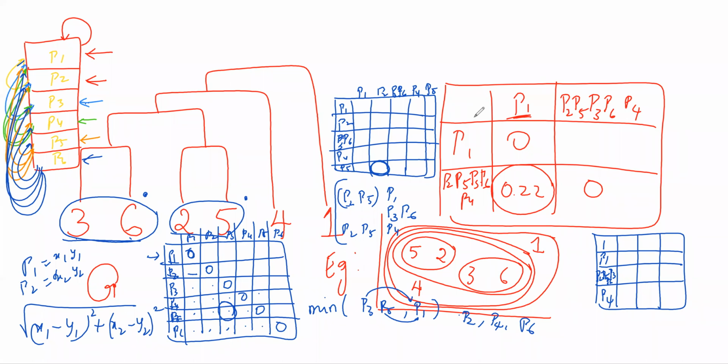Now before that there should be one more. When we did this, we got one more dendrogram like this, which had P1, P2, P5, P3, P6 and P4.